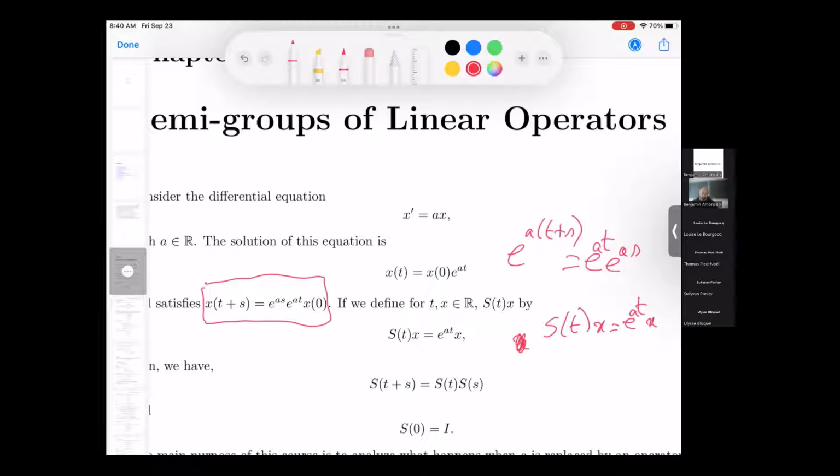But whatever. If you take S of 0 applied to x, it's equal to exponential of a times 0 times x, which equals x. So S of 0 is the identity, right?